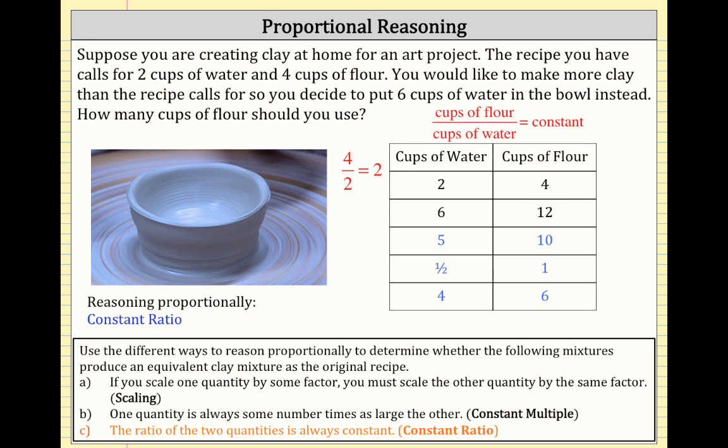So that means every other value should have that constant ratio of 2. Let's check that out. When you take 12 divided by 6, that's 2. So that matches. Is 10 over 5 2?